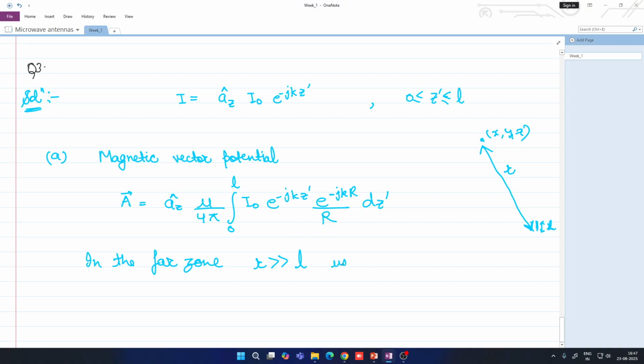We will use r approximately equal to r minus r cap dot r prime. So we can write this r as r minus z cap cos theta, and definitely 1 by r is going to be equal to 1 by r.